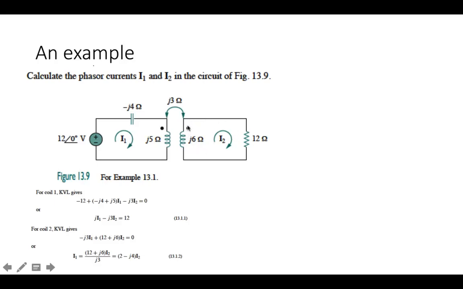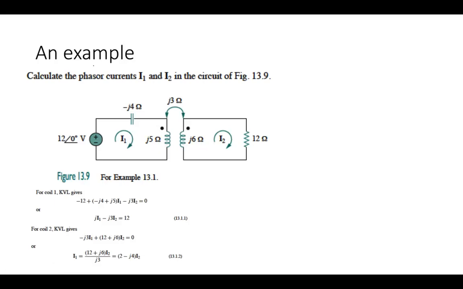So what that means is the voltage that is induced by I2 in mesh 1 will be negative at the dot in mesh 1. So what we'll actually have for the mutual term is a minus plus across this inductor.